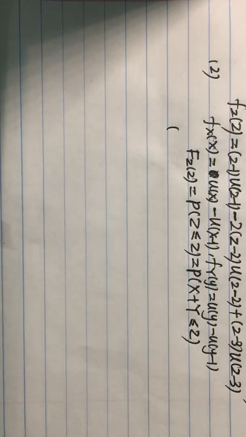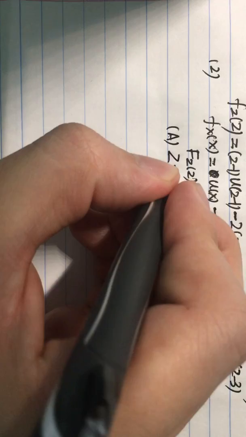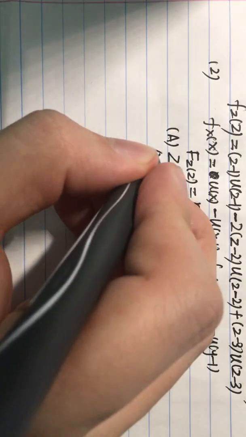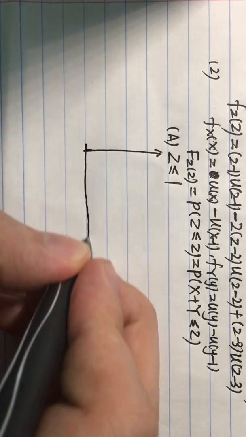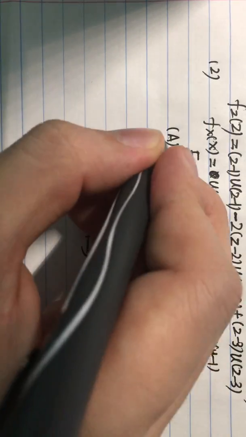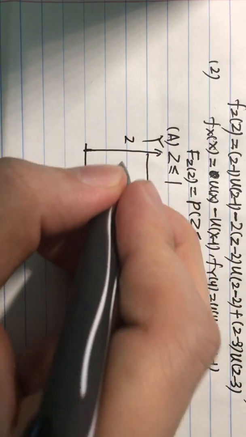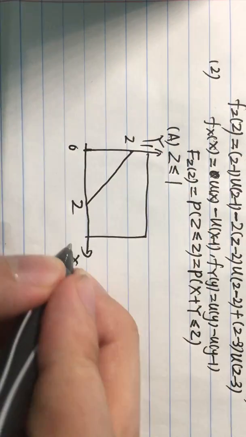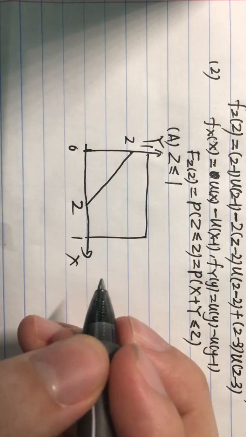First let's see, if z is smaller than or equal to 1, we have this figure.